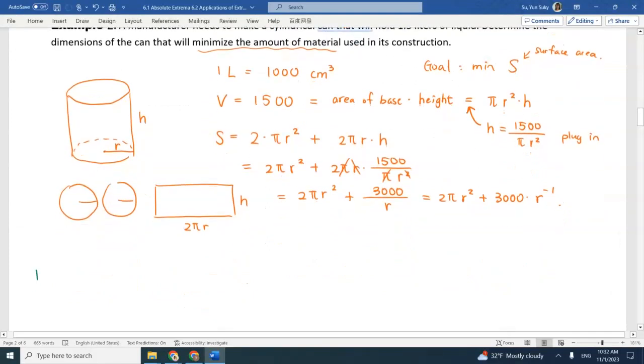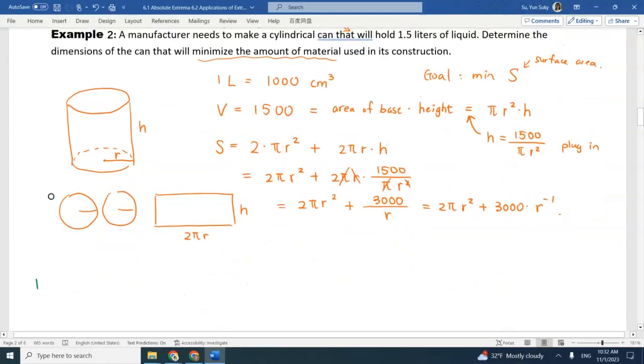So we're ready. We get S as a function of a single variable, so we can differentiate it. So S prime. Dylan, what is the derivative of 2 pi r squared? 4 pi r. How about the derivative of 3000 r to the minus 1?